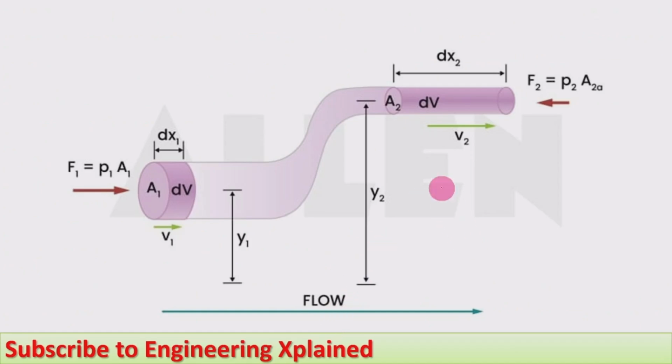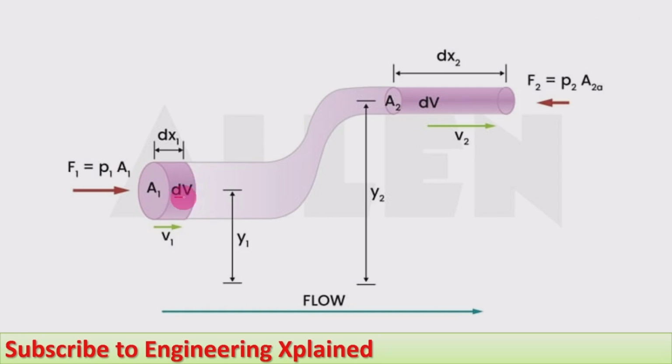Now, taking a sketch to derive Bernoulli's equation, we consider two sections. At section 1, the area is A1, the velocity is V1, and we take a small distance dx1, where the force acting is F1, equal to P1 times the cross-sectional area A1, and dV is the small volume of fluid at section 1.